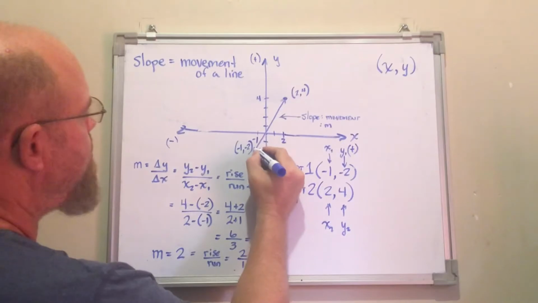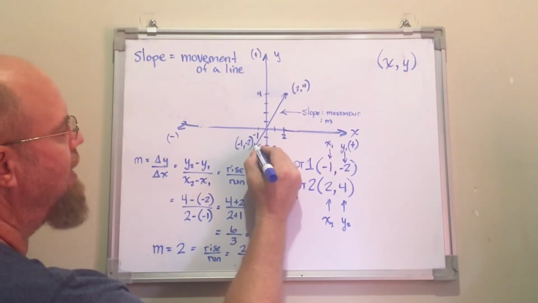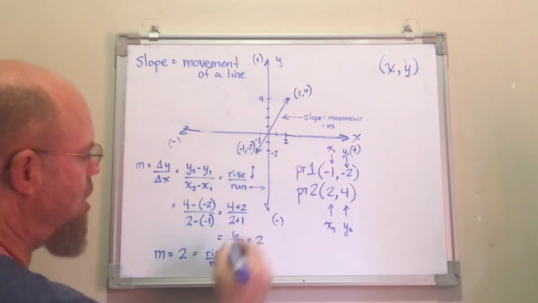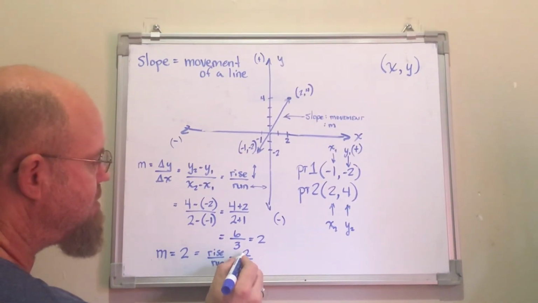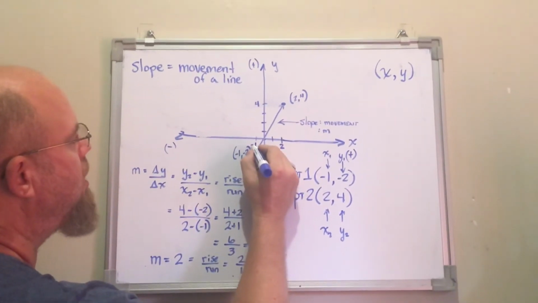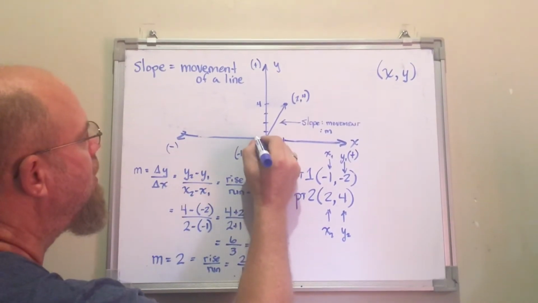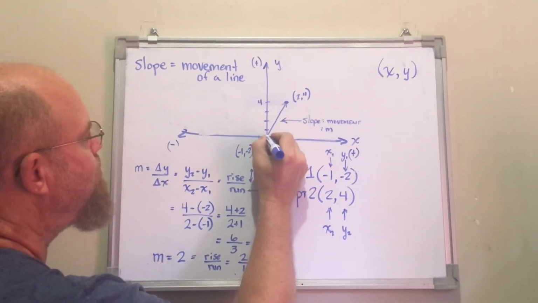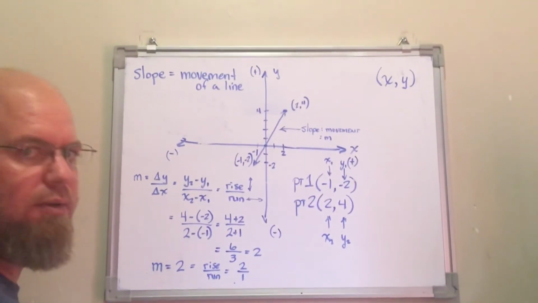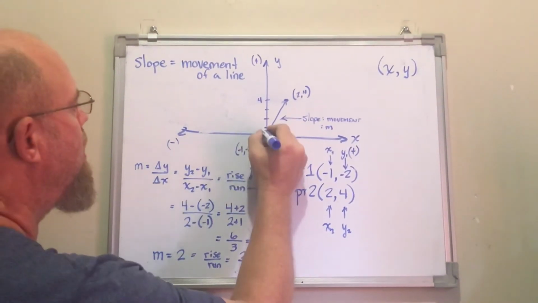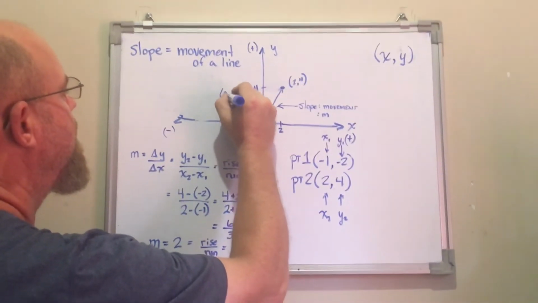Well, let's start at our point of -1, -2. And if I go up, if I rise 2, I go up 1, 2, and then over 1, do I hit a point on that line? Yes, I do. That point is 0, 0.